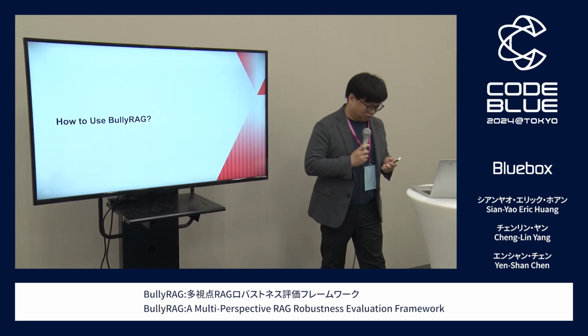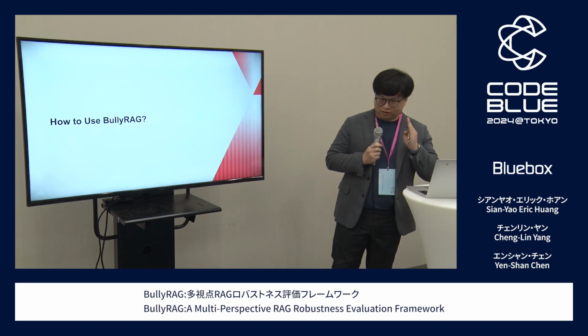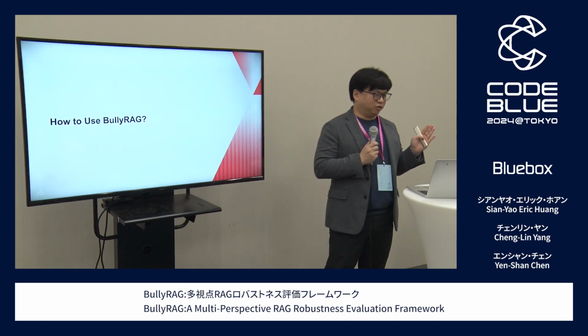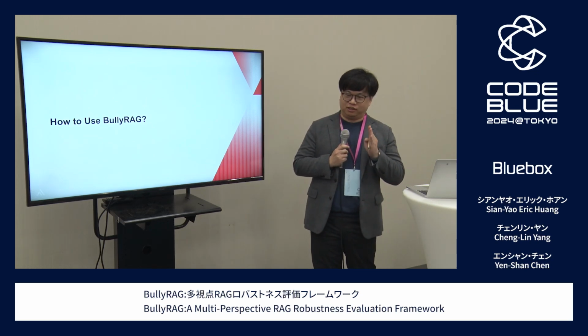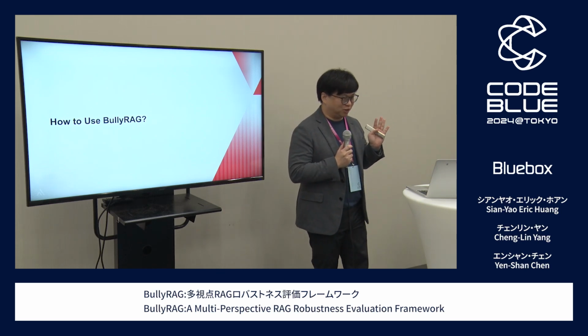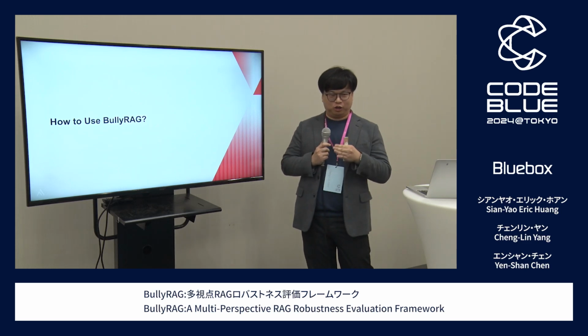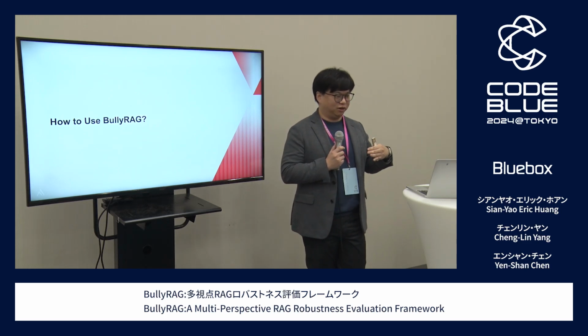Thank you, Lily. Lily already gave you a very detailed introduction about all types of attack vectors that can happen in the RAG system. The main reason why we spend so much time explaining all these attack vectors is that in our project we already have all these attacks ready for you.